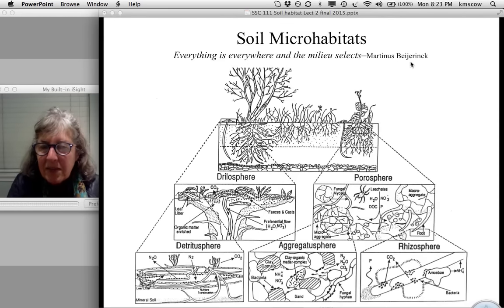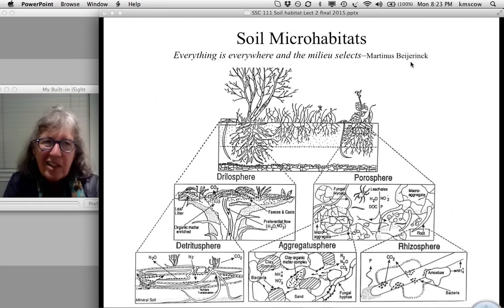If there's a lot of carbon that goes in, there might be a lot of decomposers coming in. If there's elevated temperatures for some reason, it may select another group of organisms that weren't showing much evidence of their existence beforehand. And this is this idea of everything is everywhere and the environment selects.